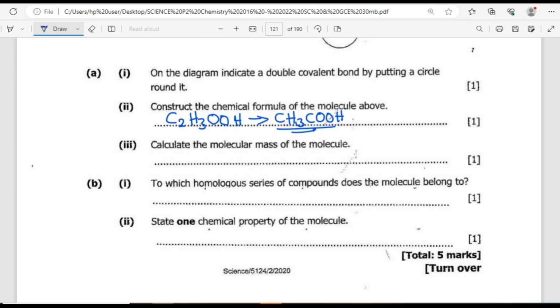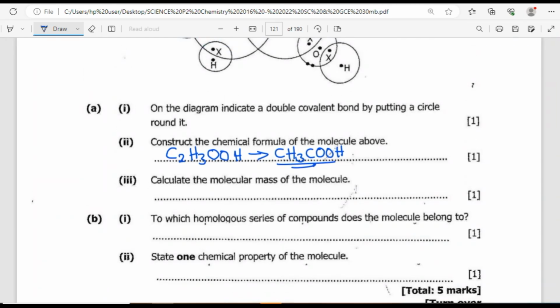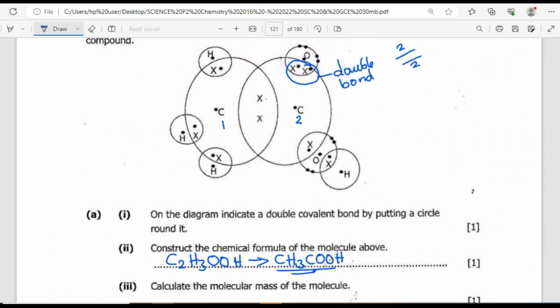Then calculate the molecular mass of the molecule. How can we calculate this one? Mr is equal to carbon times 2 atoms of carbon, plus hydrogen times how many atoms of hydrogen altogether. We have 1, 2, 3, 4, so times 4, plus oxygen times 2.